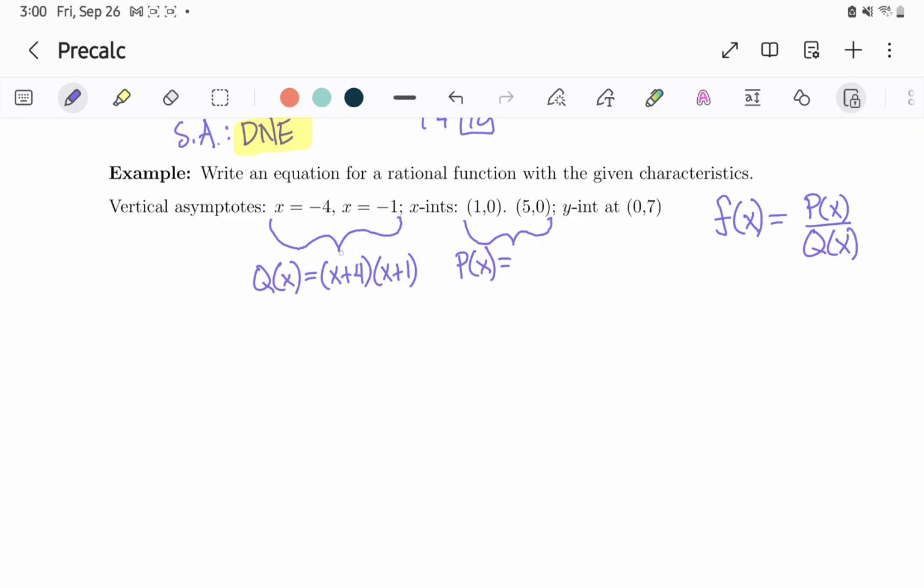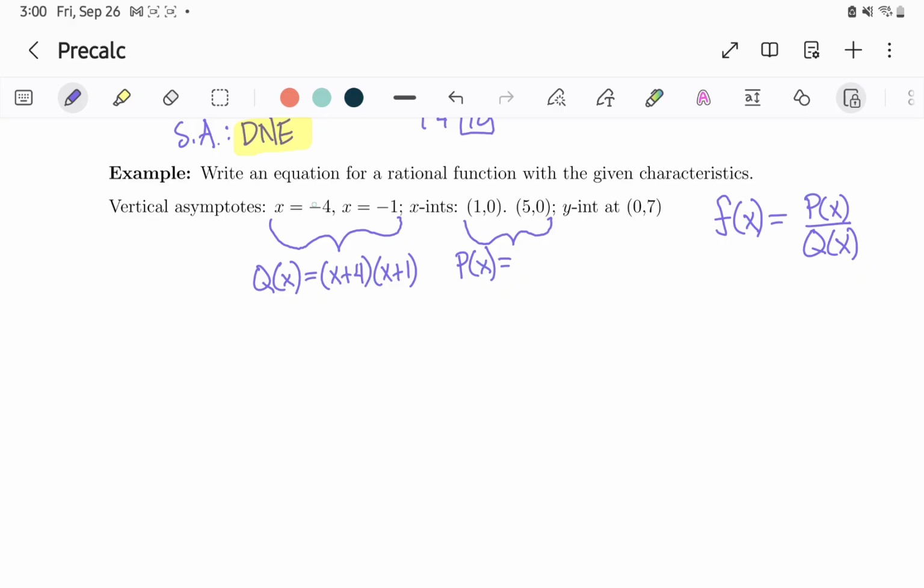So it's important that if you are trying to build the factors for the polynomial in the denominator by just being told the vertical asymptotes or the values that are missing from the domain of our rational function, to flip the signs for those x values when writing the factors.